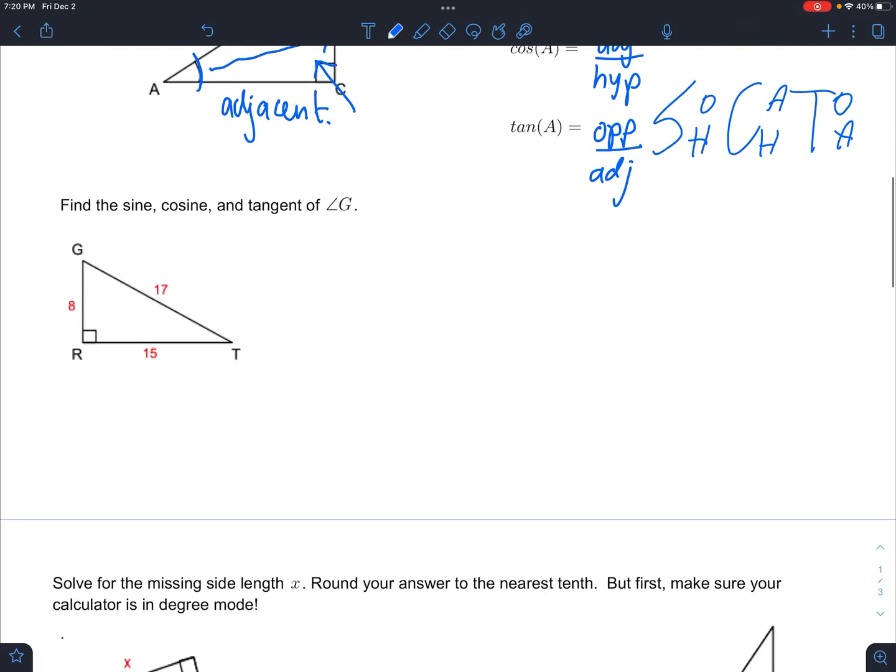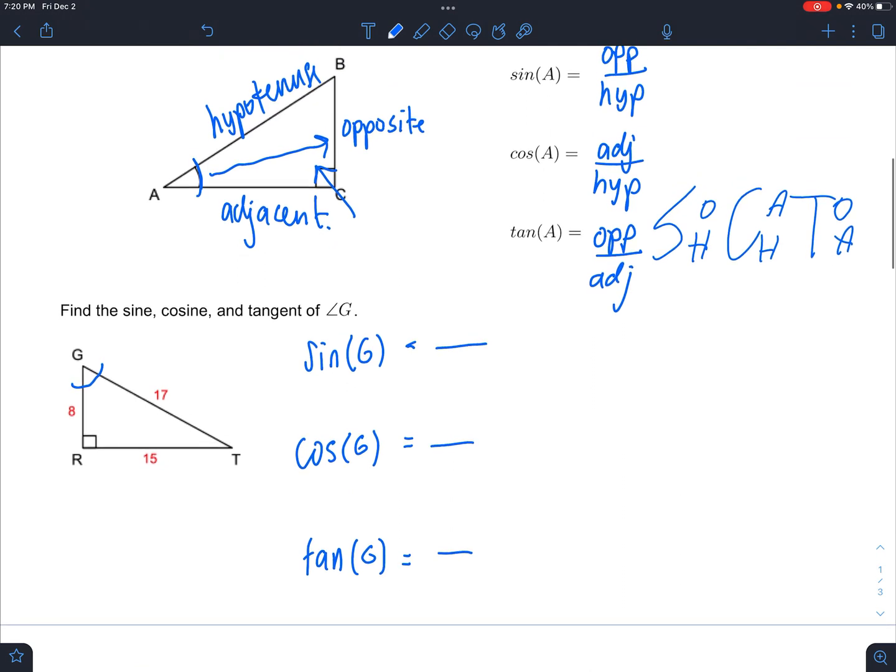So let's practice using these. So from the vantage point of G, we got sine of G, cosine of G, tangent G, where G is the angle again. So what you can do is you can set up fractions, right? Because sine is opposite over hypotenuse.